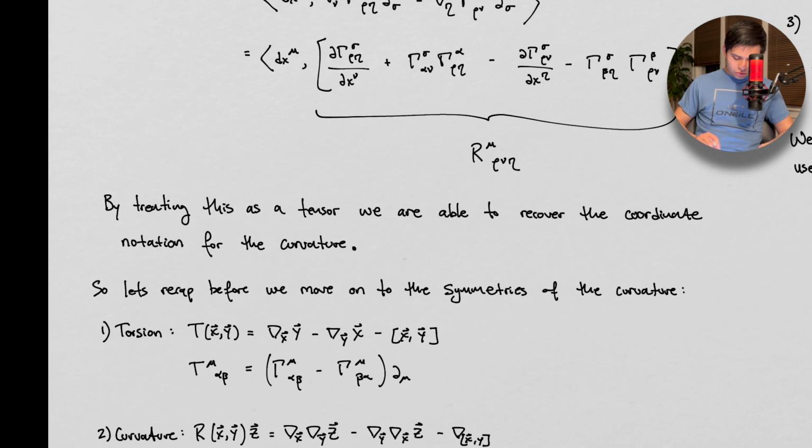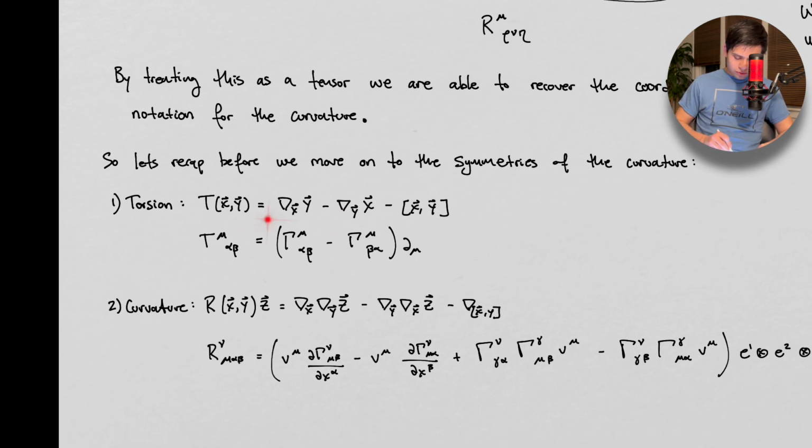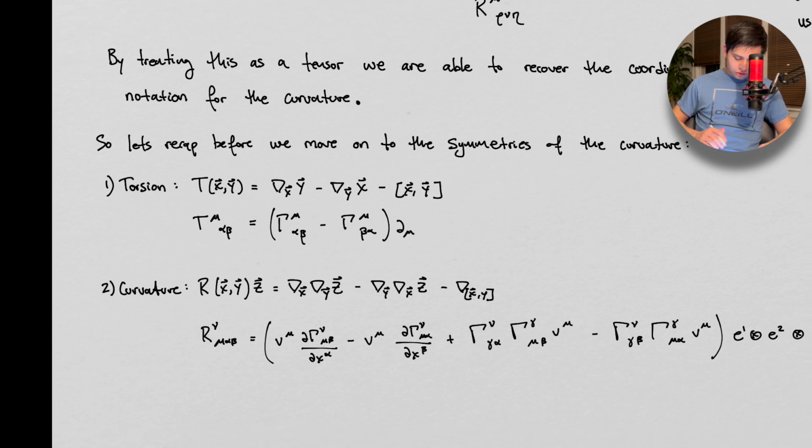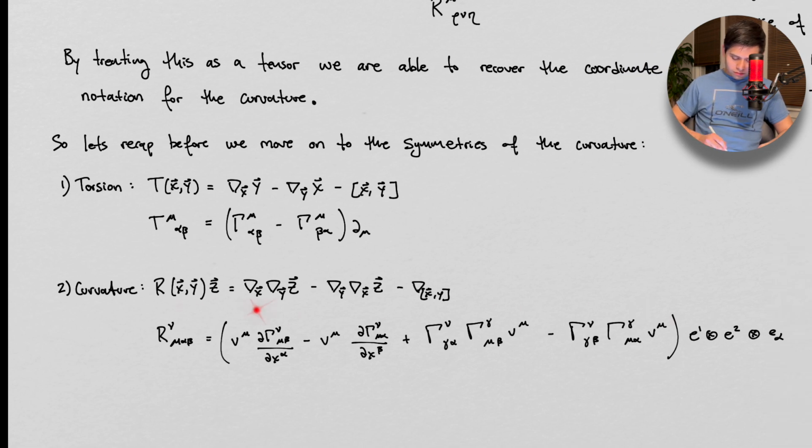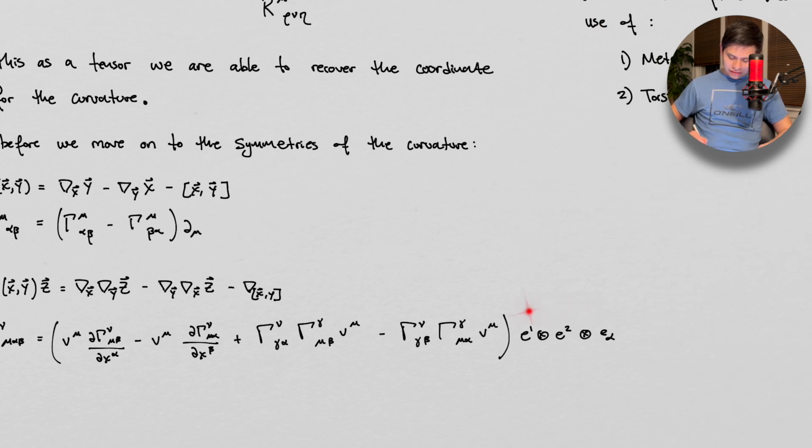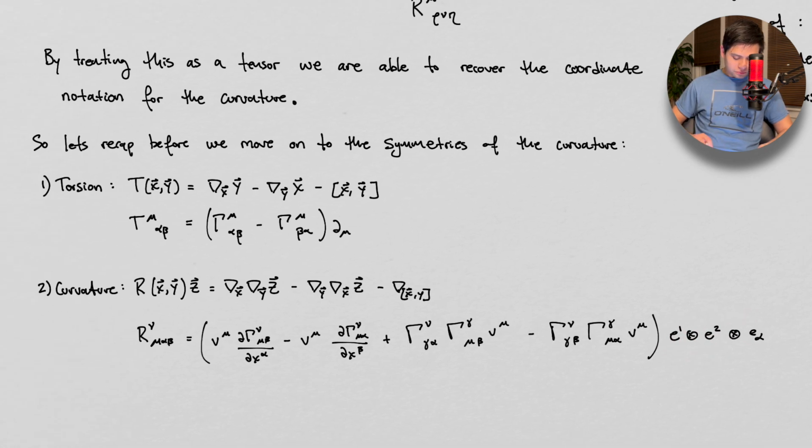So really quick actually, the torsion we recall was this. The components to the torsion were this. The curvature tensor would look like this, and its components much uglier, look like this. And the basis vectors, again, we have 3 basis vectors here, right? 2 of which are vectors, and the other one's a covector.